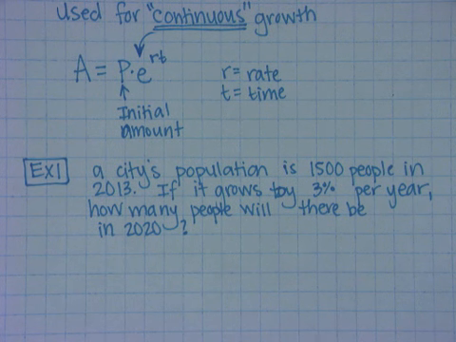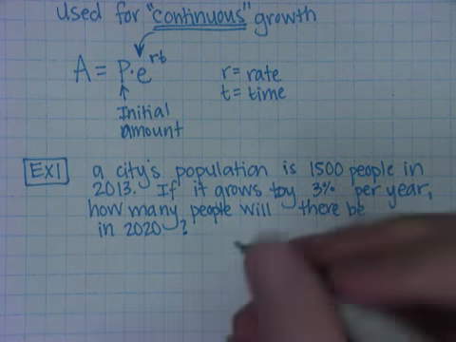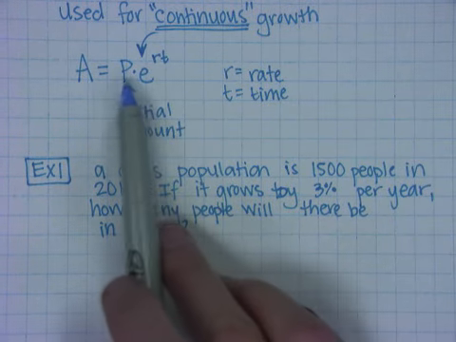So because things happen continuously, these are born continuously throughout the day. Like every second of every day, somewhere in the world, a baby is born. And it's not following this regimented, once a month time frame that we've been looking at for financial stuff. And so even though it doesn't say the word continuously here, if you're talking about population growth, it's implied that it's continuous. So we're going to use the Pert formula right here.